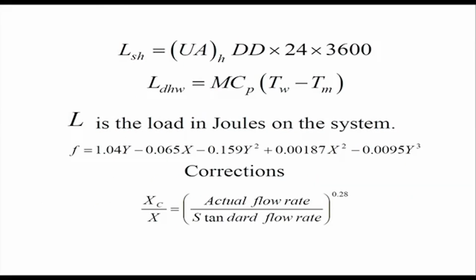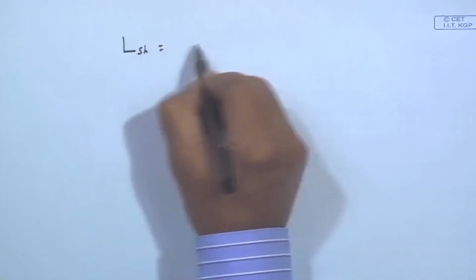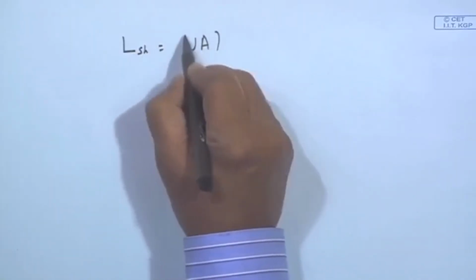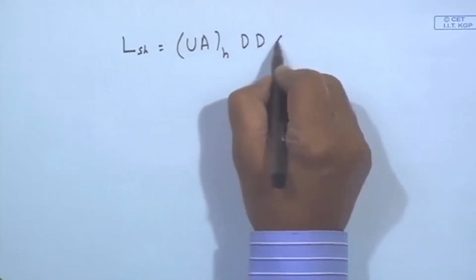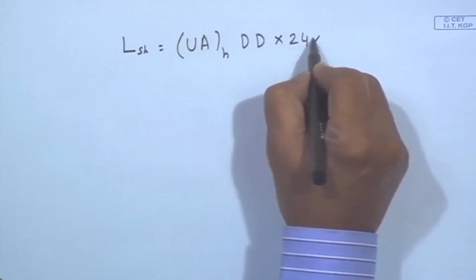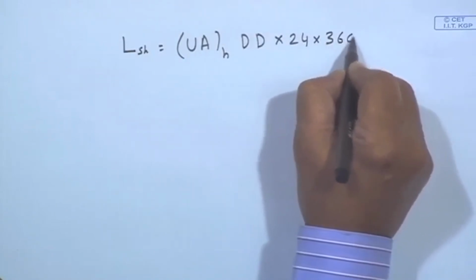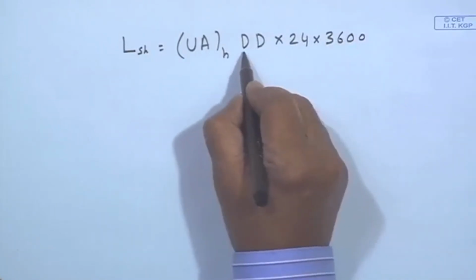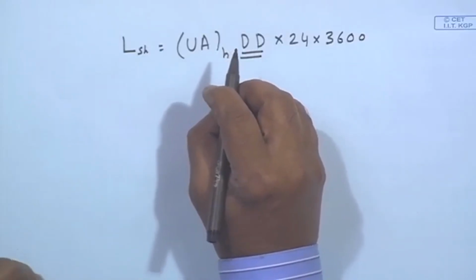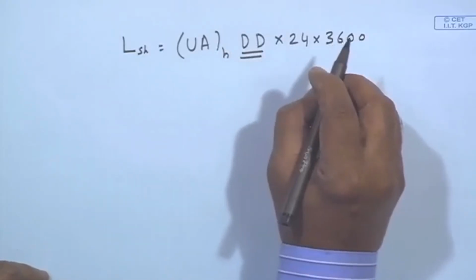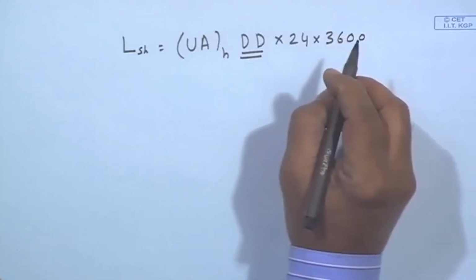And calculation of load, space heating load is in terms of the building loss coefficient multiplied by the degree days multiplied by 24 into 3600. Basically, degree days means the deficiency of the actual ambient temperature being lower than the comfort condition like 20 degrees C or so.